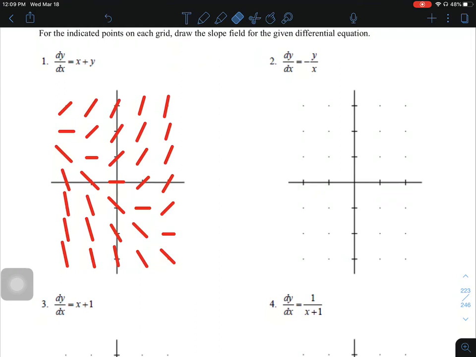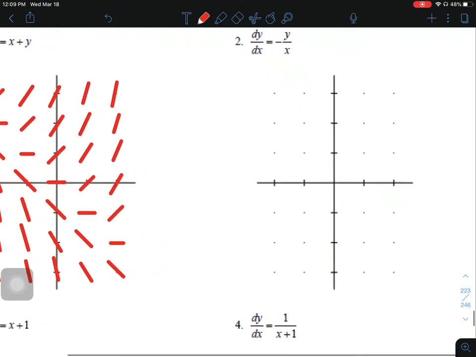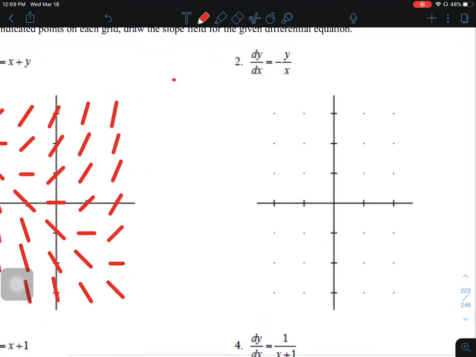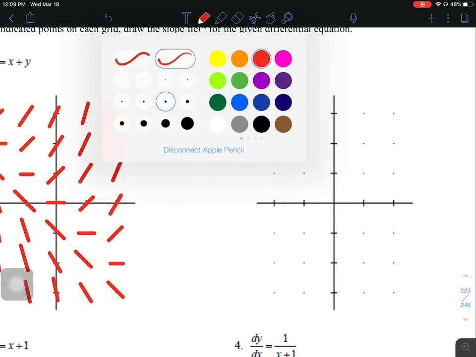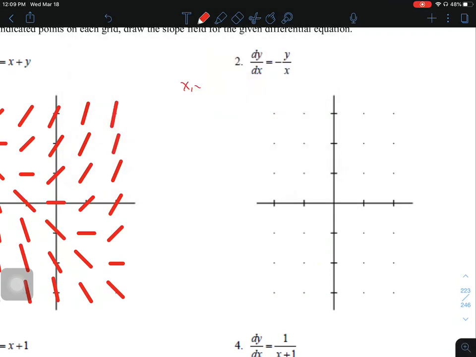Number 2 is definitely more complicated. So let's see if we can find some patterns in this. I'm going to make a table of values for this because I'm anticipating this giving me some problems. In each case, we are supposed to take negative y over x.